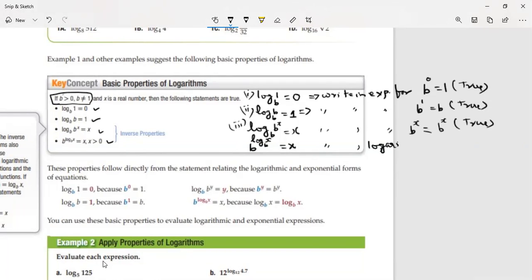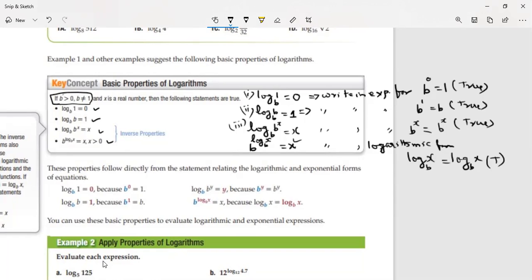This is already exponential form, so if you write it in logarithmic form, this base will be base and this right side x will come to the left side and the whole term will come on the right side. So this will become log x to the base b. So that is also true.